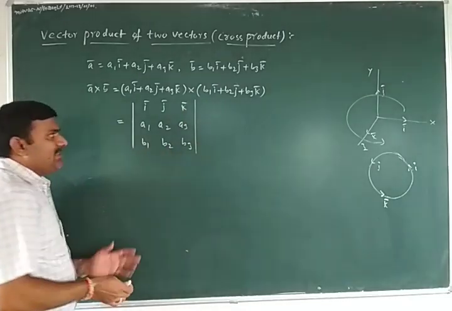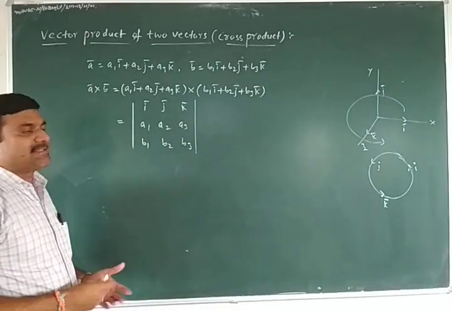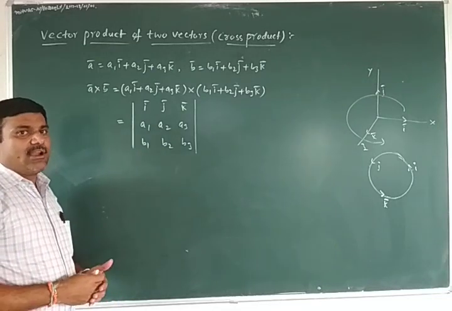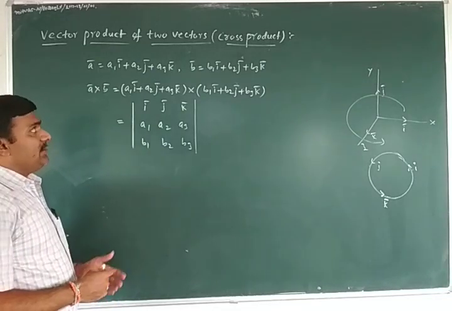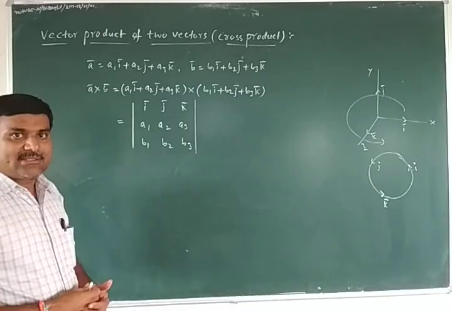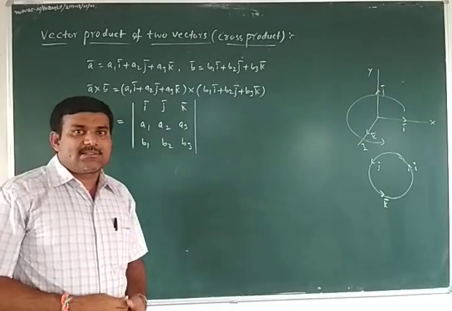When I find the determinant of this 3 by 3 matrix, we get A bar cross B bar. Like this we solve the problems, and we will get all the questions and answers, and a few more questions we will discuss in the next class. Thank you.